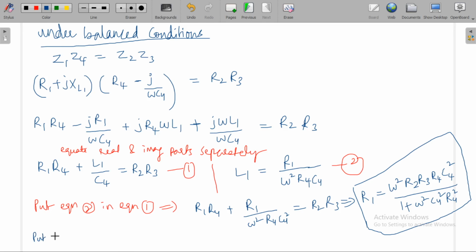Now put equation 1 in equation 2. Otherwise I will do one thing. From equation 2 we get R1 is equal to omega square L1 R4 C4. Let this be equation 3.